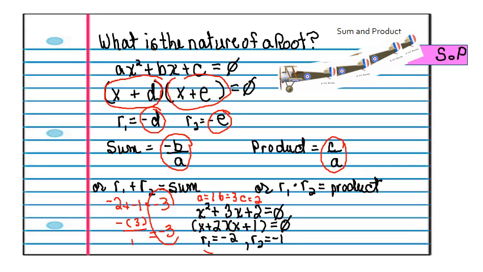Same answer. Likewise, if we do the product, we would have the c, which is a positive 2, over the a, which is a 1, which gives us a 2. If we multiply those two roots together, we'd have negative 2 times negative 1, which of course is a 2. That's the nature of the root.